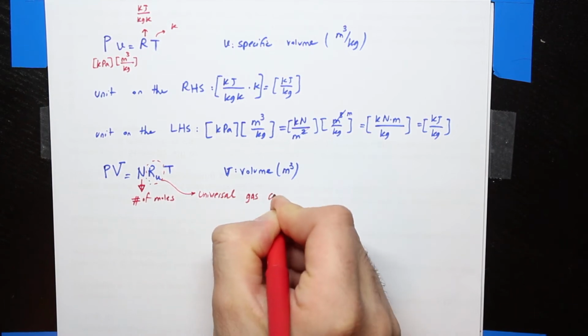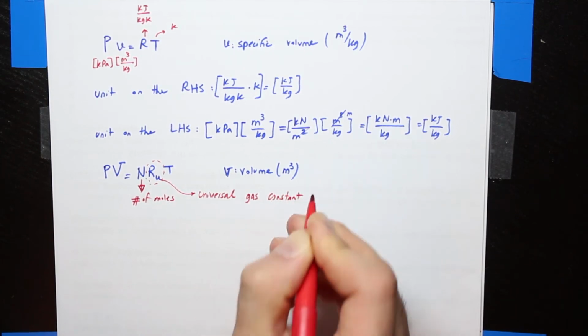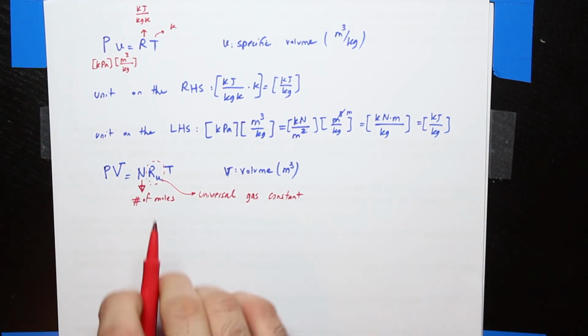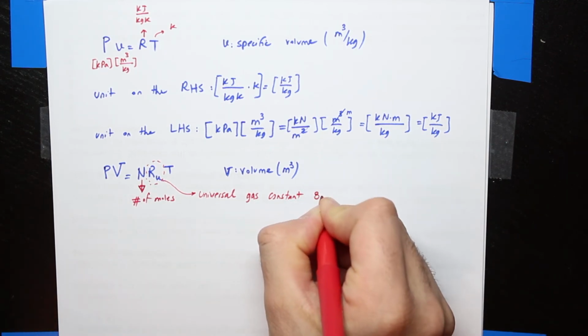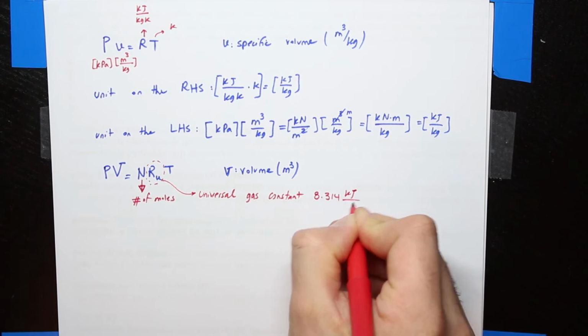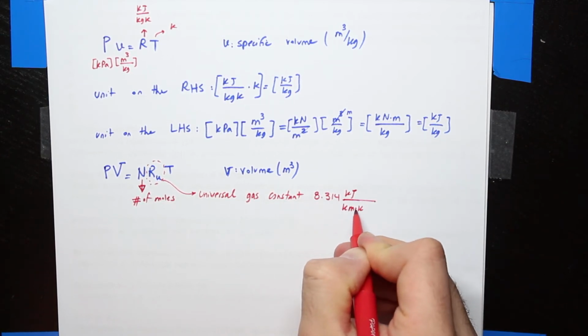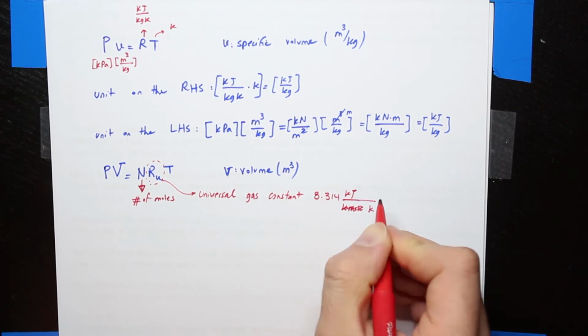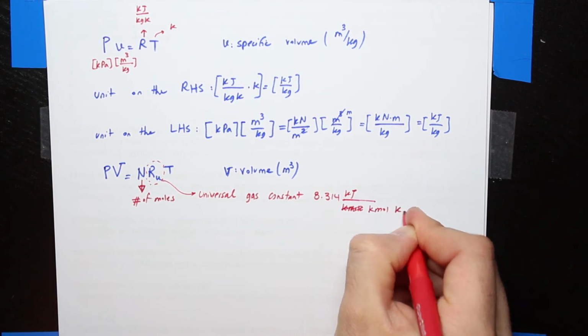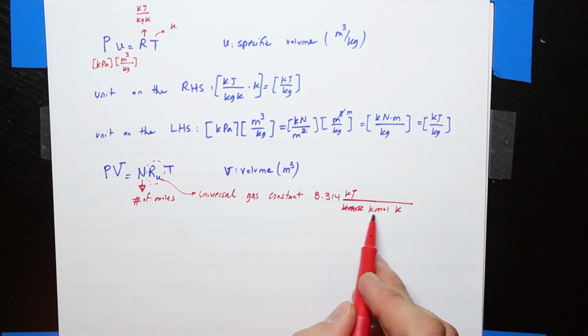No matter what gas you are working with, this number is the same, and that is 8.314 kilojoule per kilomole Kelvin. So this is the unit in the denominator.